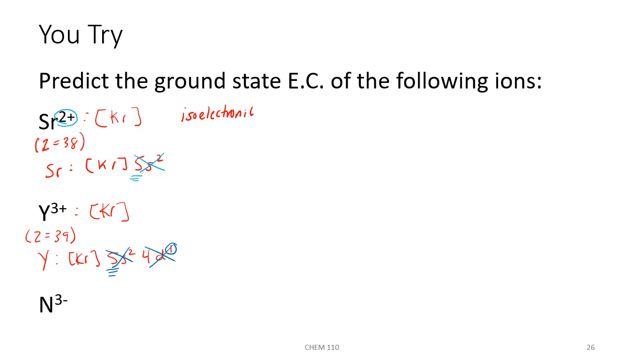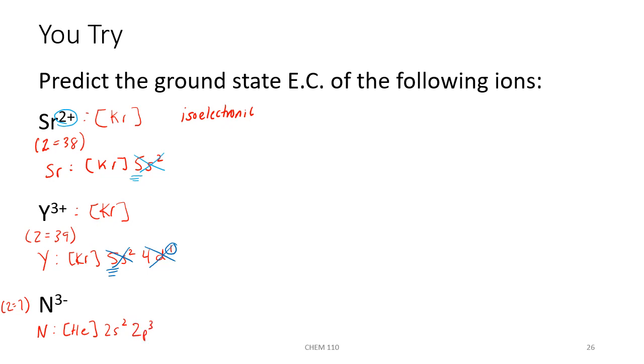Lastly, we have the nitride ion, N3-. If we write our configuration for nitrogen, our atomic number is 7, so Z equals 7. Our previous noble gas is helium, and we have 2s2 2p3.